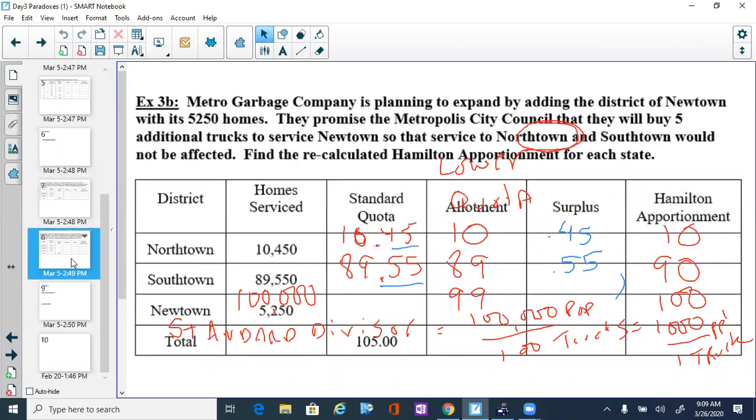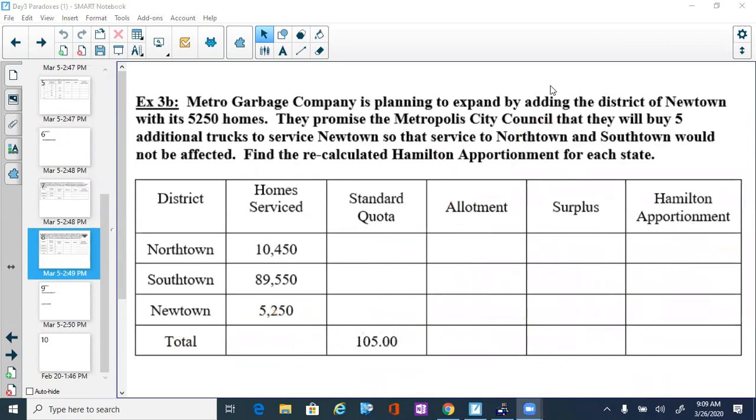Next scenario. I'm going to go ahead and clear the draw. It says, Metro Garbage Company is planning to expand by adding a new district. So by adding a new district, we have a new town. This is the new states issue.